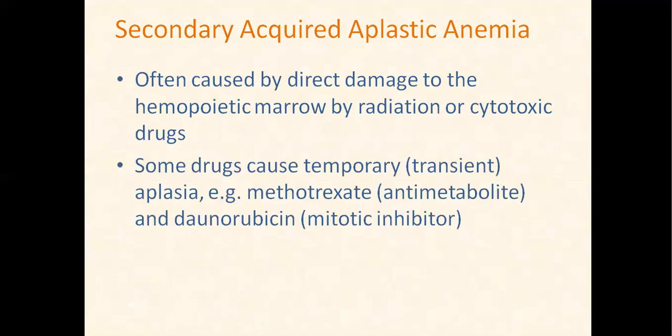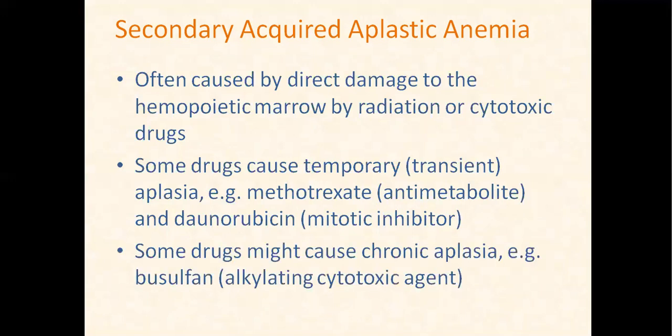Some drugs cause temporary transient aplasia, for example methotrexate, an antimetabolite, and other mitotic inhibitors used in malignancy like leukemia. Some drugs might cause chronic aplasia like Busulfan, an alkylating cytotoxic agent, also used in malignant conditions.